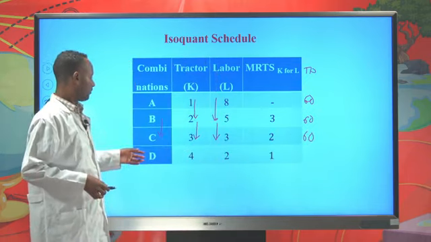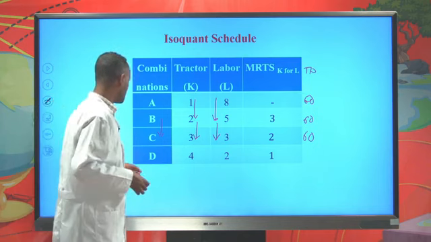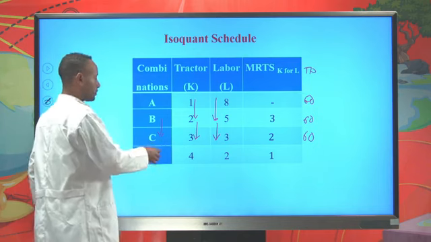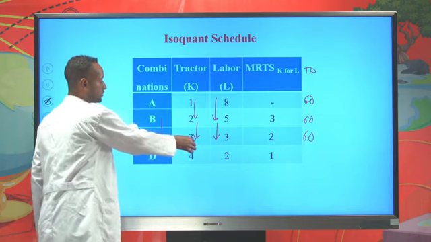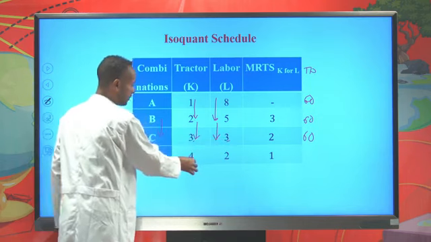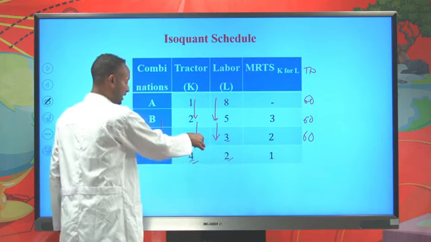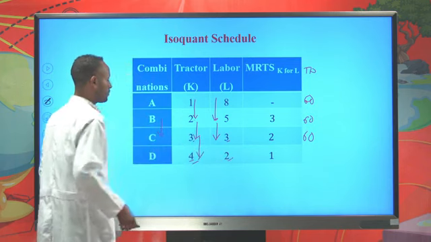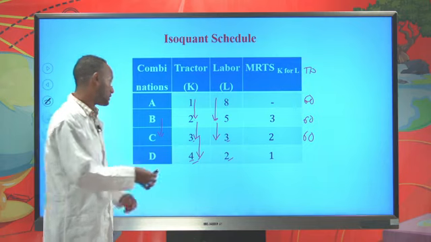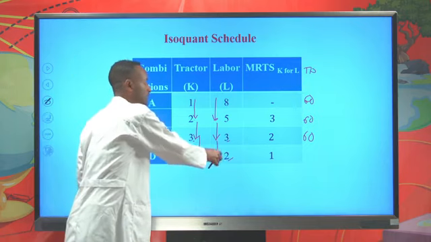Then finally, when we move from combination C to D, the output that the farmer gets from the combination of 3 tractors and 3 labor is equal to that of 4 tractors and 2 labor. As we increase employment of the variable input tractor, we are reducing employment of the variable input labor.